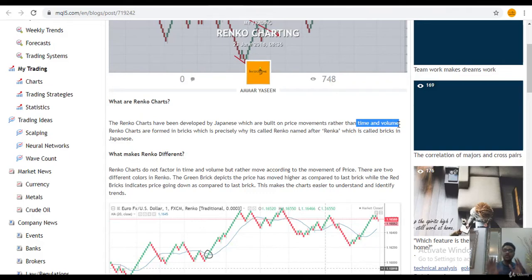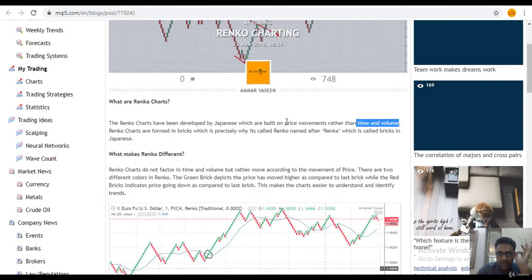You need to keep this in mind: when you're seeing Renko charts on your screen, you cannot see what time period has passed, and you cannot judge from the horizontal line that this is the time period or that is the volume. You cannot do that, because Renko bricks do not take into account time and volume. They only take into account the price movements.